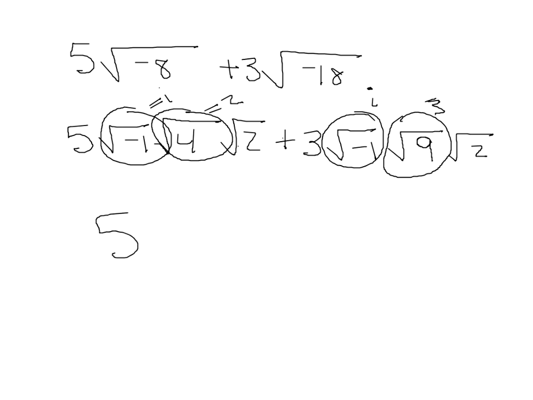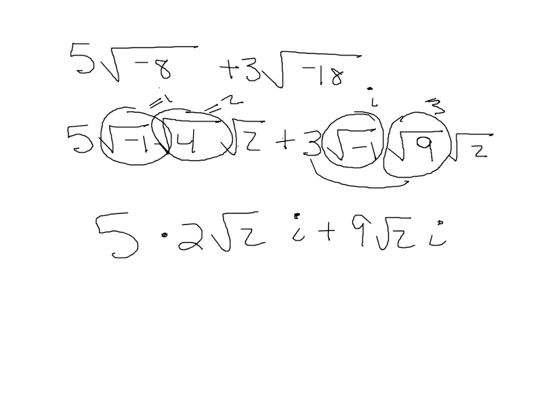So it becomes 5 times 2 square root of 2 i plus 3 times 3, which is 9, square root of 2 i. 5 times 2 is 10, so 10 plus 9 is 19 square root of 2 i.